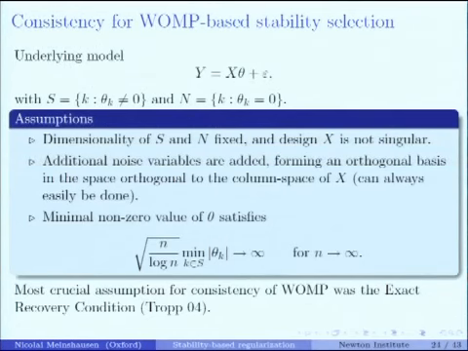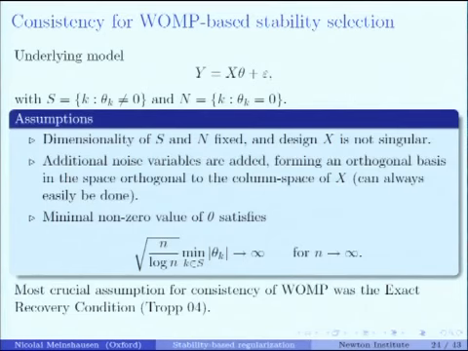And so going back to the problem I mentioned with weak orthogonal matching pursuit, you might ask, if you use that scheme, what are the conditions you need to have a consistent variable selection? The conditions for now are that I need to fix the dimensionality of S and N, where N is the set of the noise variables. And the design can't be singular, of course.